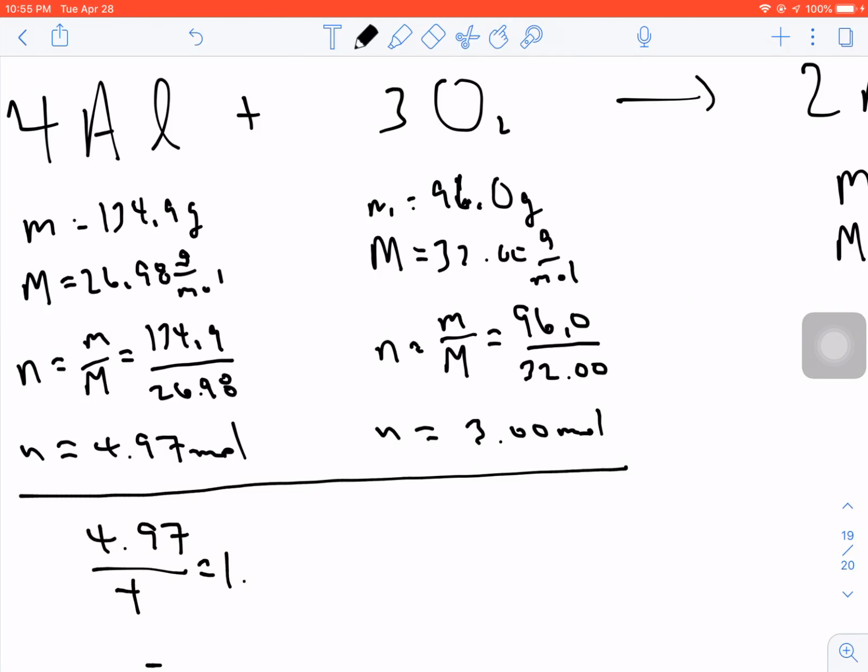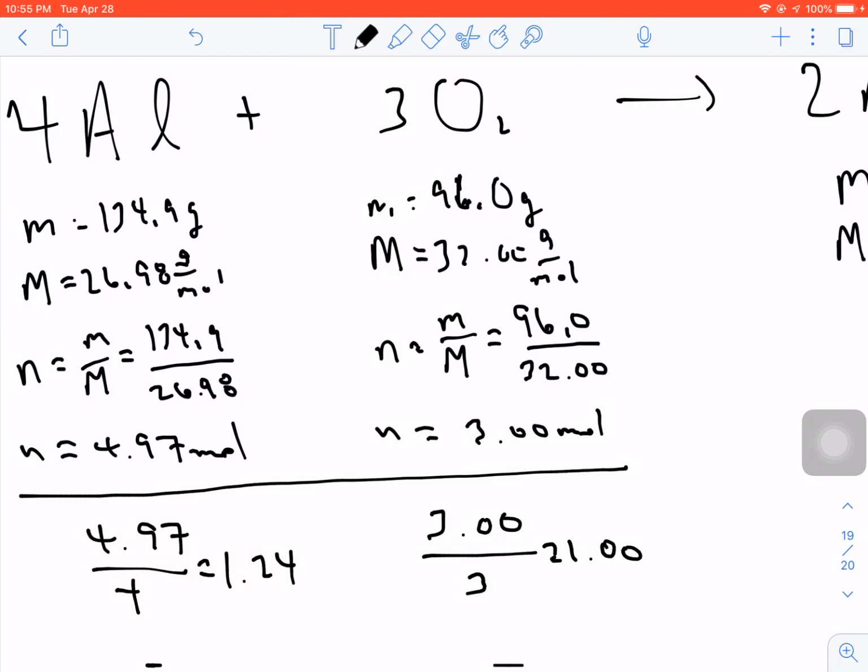And I'm getting 1.24. I'm going to do the same thing here. I'm going to take my number of moles from here, divided by my coefficient, which is 3. Okay, so I now have 1.24 on this side and 1.00 on this side.